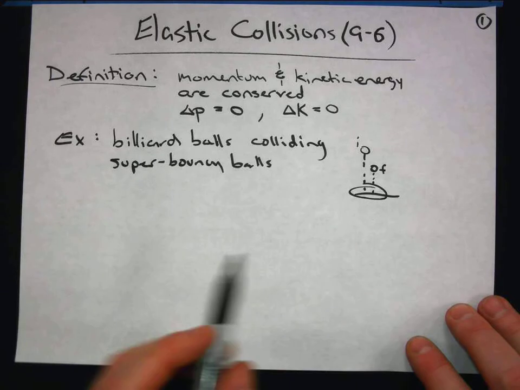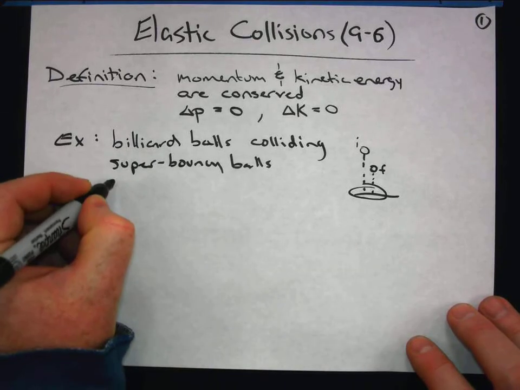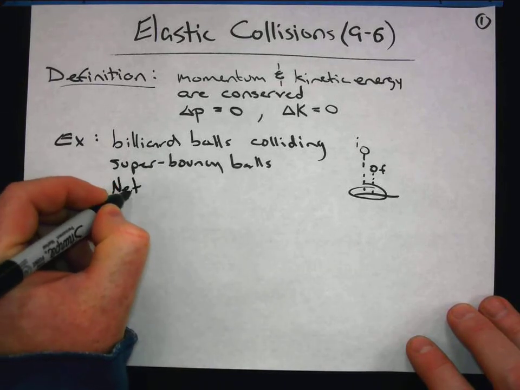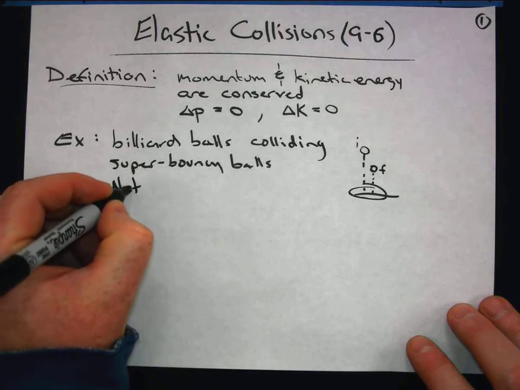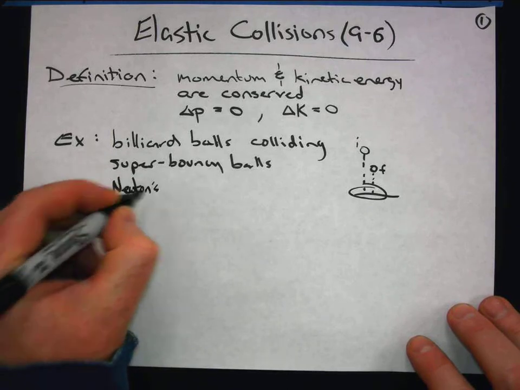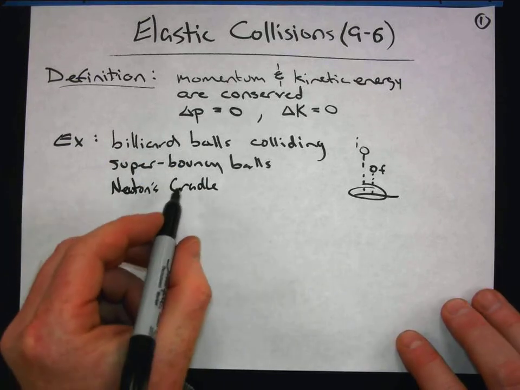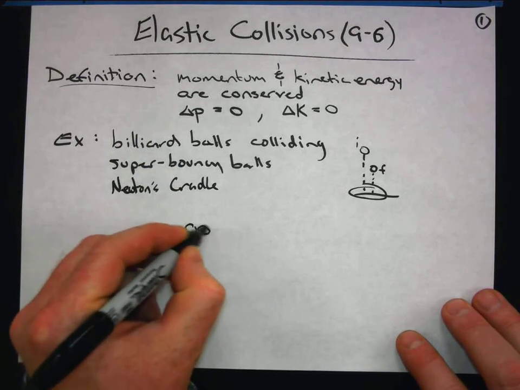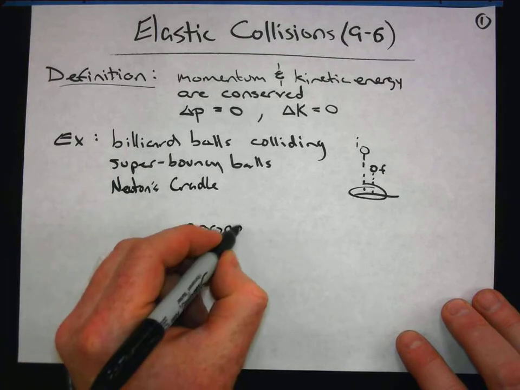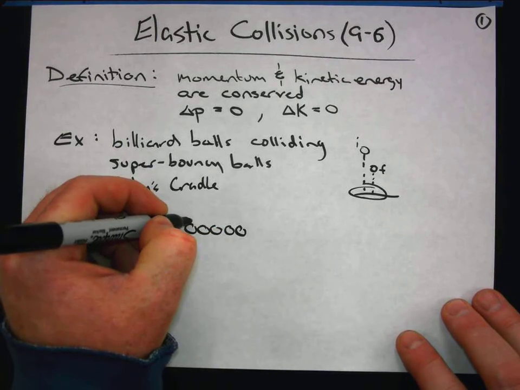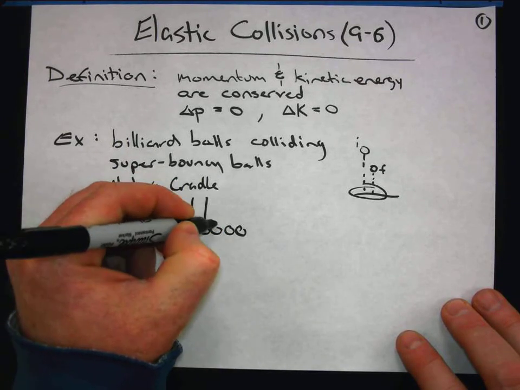Well, another one is this device called Newton's Cradle. I can spell. Sorry about that. Now, I know you've seen Newton's Cradle before. It's this device where you have a series of what are typically steel balls hanging from wires, right?